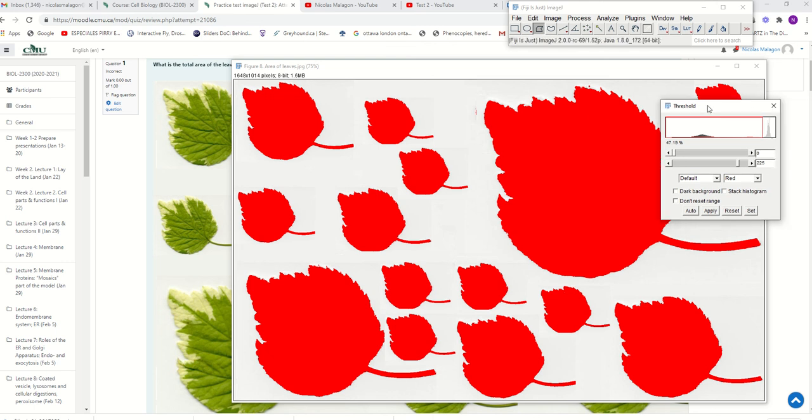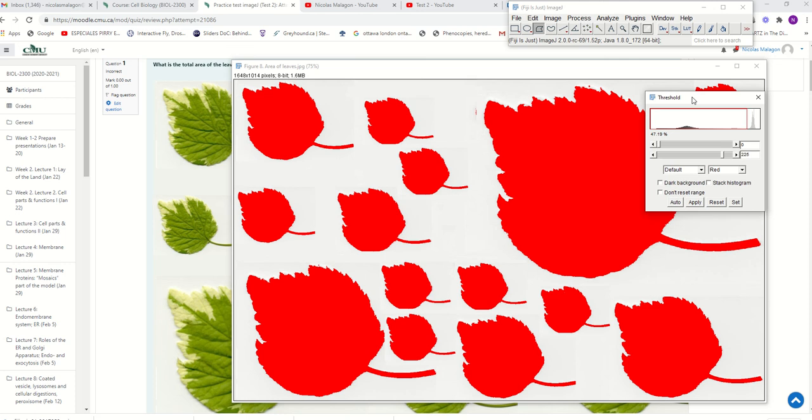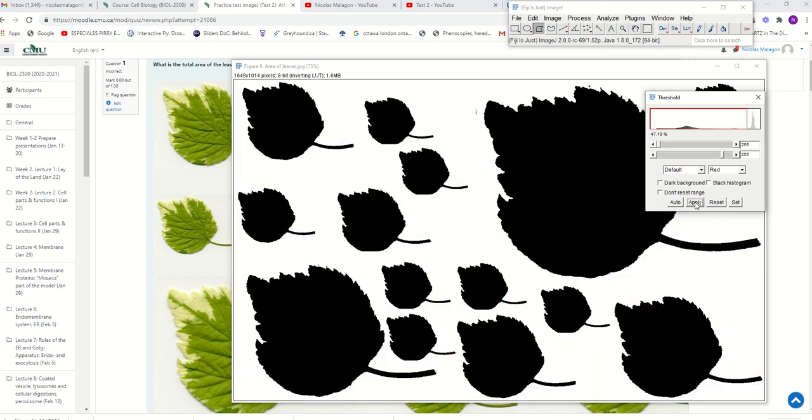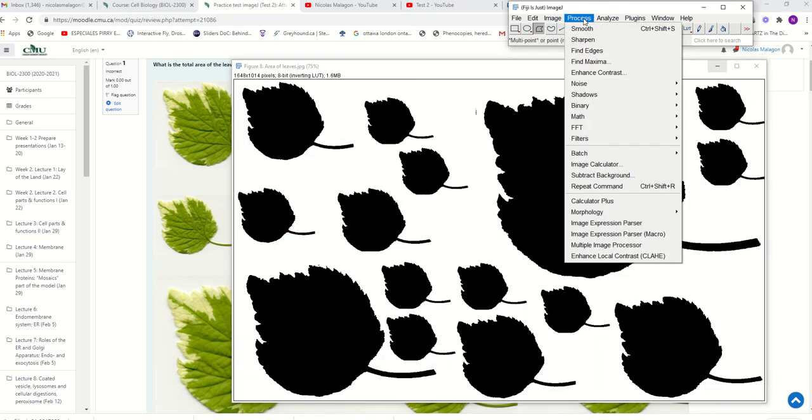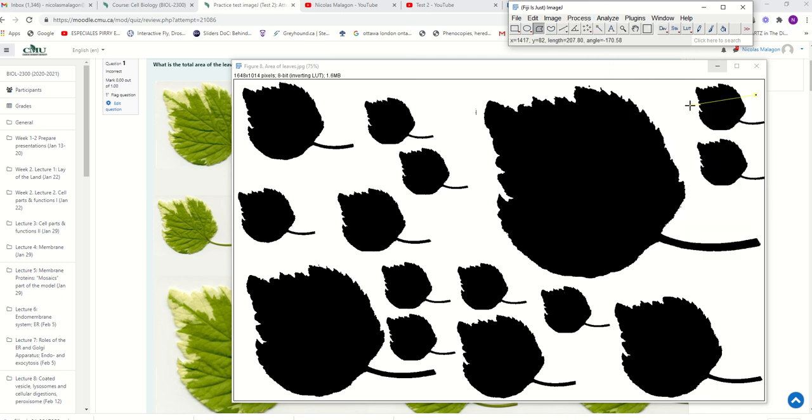It is going to be a very small degree, but you can remove these ones later, just saying don't measure the things that are too small, and we're going to do that. So we can just say apply, then you can go again binary, as you did in the lab.